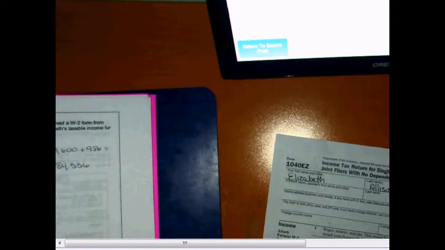So okay, we have Elizabeth Allison's information. Her name will go up here. Her name is Elizabeth Allison, and her social security number goes there. This is her address. You don't have to fill that out.